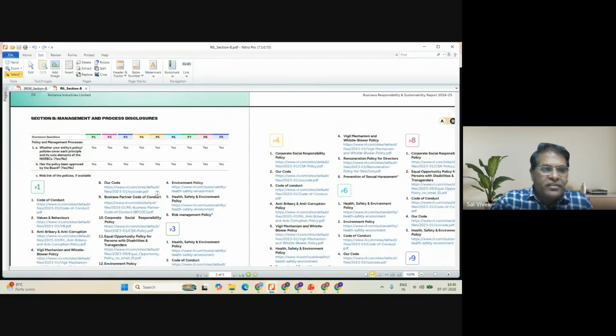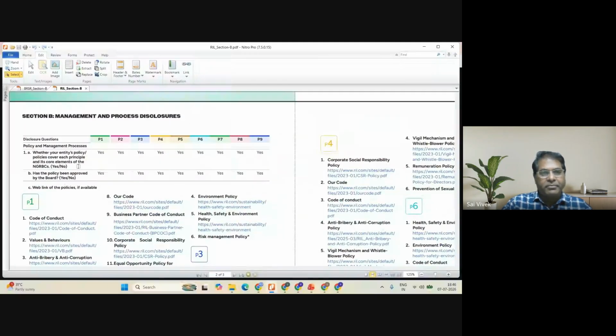So if you see this, the first question is whether your entity's policy or policies cover each principle and its core elements of the NGRBC. So that is the question, and you say yes or no. Reliance says that it's all yes for all the 9 principles.